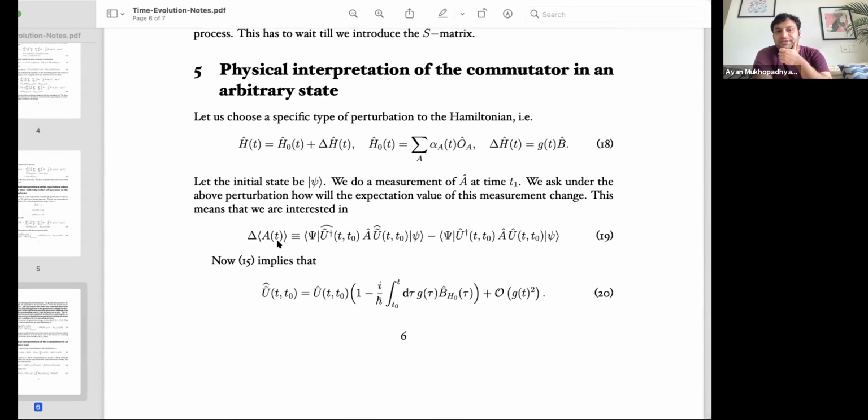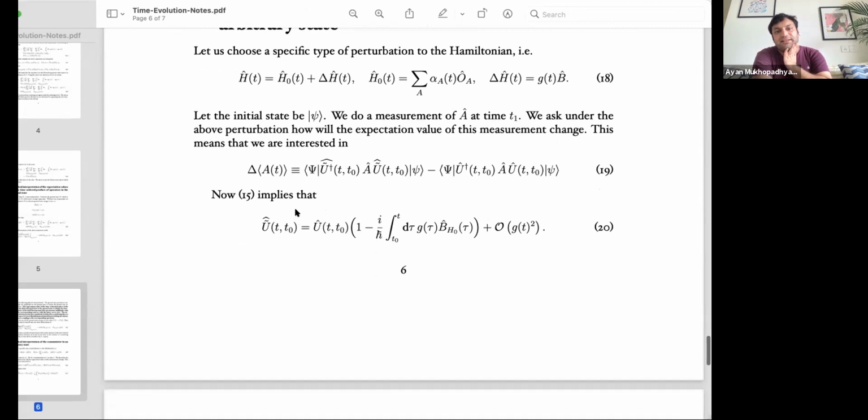So I'm measuring the expectation value at some time after I switch on this perturbation. So it has to be a causal response. After I switch on this perturbation, I measure the expectation value of A after some time. And I'm interested in the difference between the expectation values of A if I evolve under this Hamiltonian versus this. So basically I want to compute the response of the expectation value of A to perturbation by B.